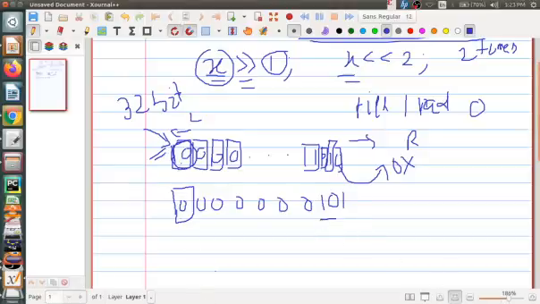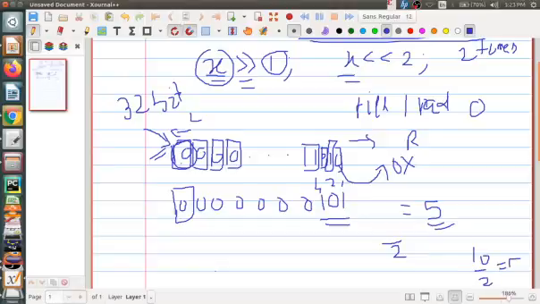So what is the new value? 4 plus 1 is equal to 5. Each time I right shift the value, I am dividing by 2. So 10 divided by 2 is equal to 5.